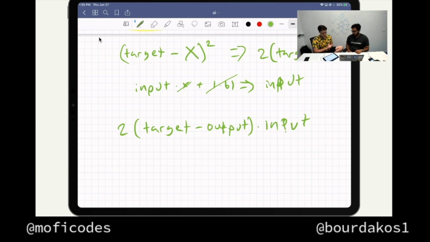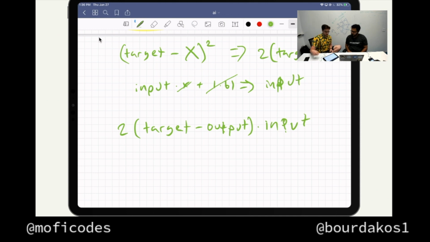Okay. Or not our cost function, but this is how we figure out what we're going to do with the weight. Right. So we're just going to add this value to the weight that we have, and that'll proportionately affect that weight.